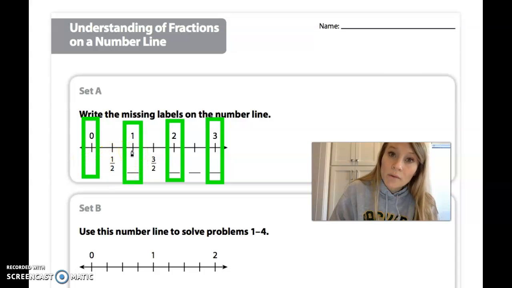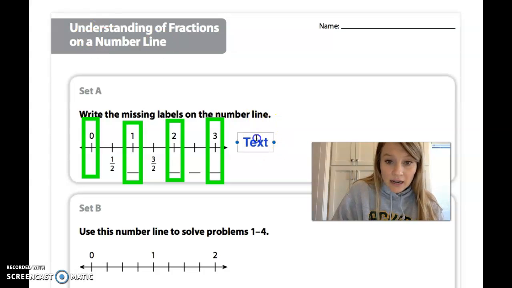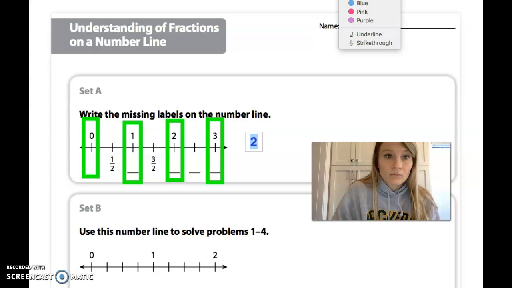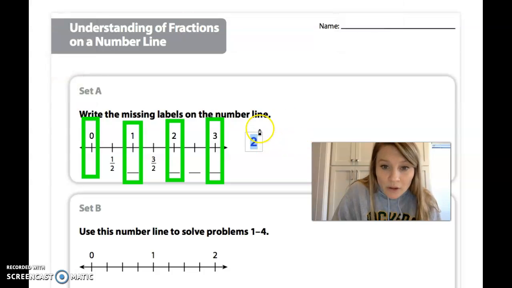What would be an equivalent of 1 whole with halves? 1/2, are you thinking? I should put 2. I'm going to make it a little bit smaller. I might just go ahead and move it. It's 2, and what's my denominator?